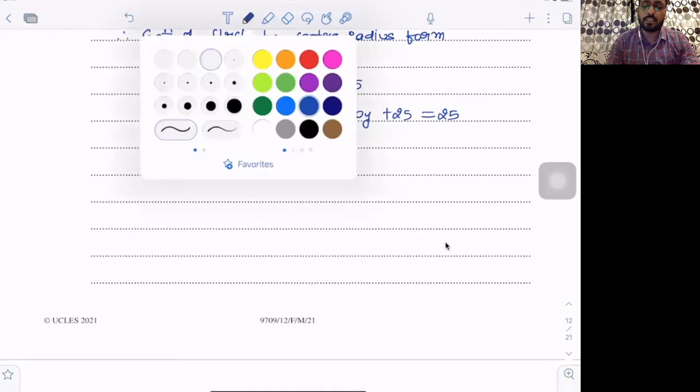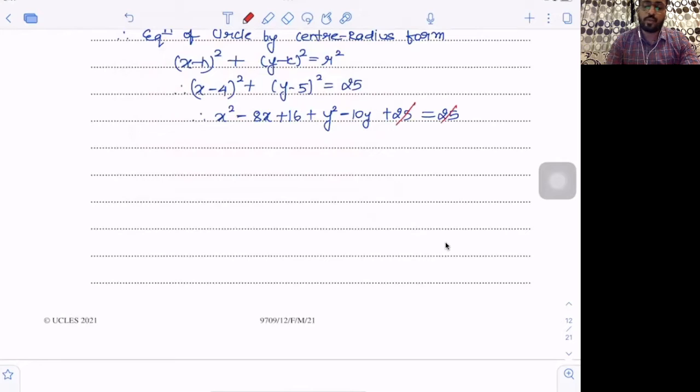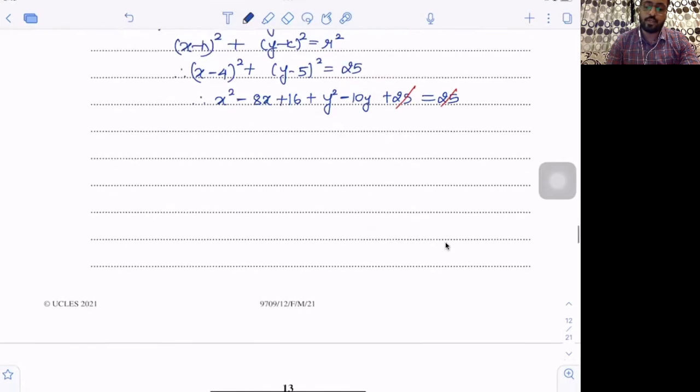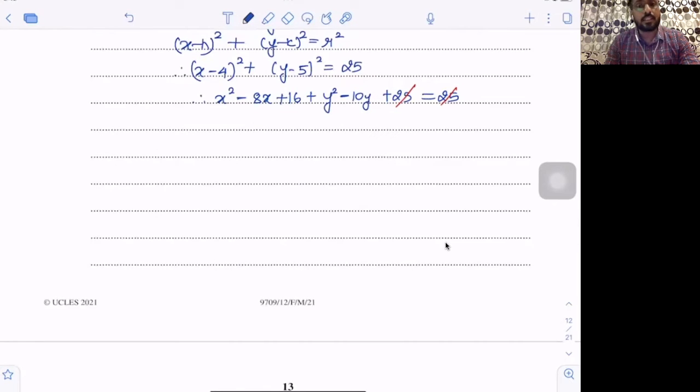So from both the sides, you can cancel the 25 and 25. You can rearrange the terms with the highest powers at the beginning. So write x square plus y square minus 8x minus 10y plus 16 equal to 0.